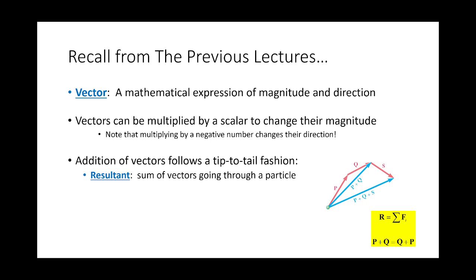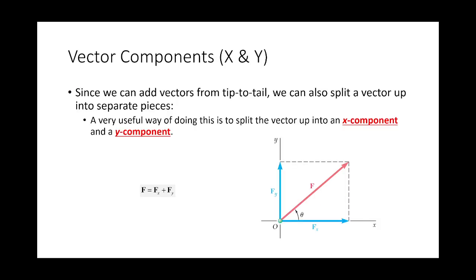It's 3 times as long. Same orientation, different magnitude. That's key. When you multiply a vector by a scalar, you change its magnitude, but not its direction, other than if you multiply by a negative number. It's the same line of action, it just flips. That's incredibly important for the method we're going to develop today. And again, addition of vectors follows that tip to tail fashion.